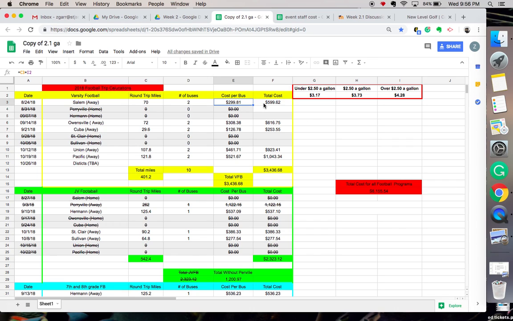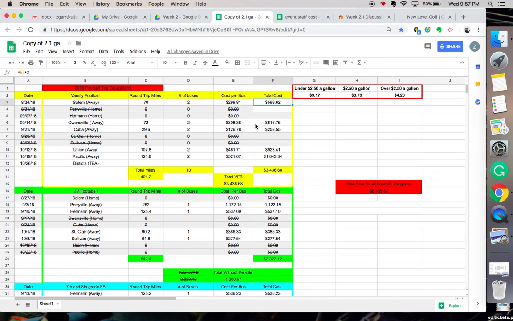Then to find the total cost, since it was a varsity game, I had to do E3 times 2. So basically, this cell right here is E3, times 2 since we take 2 buses. So to go to Salem, it costs us $599.62.